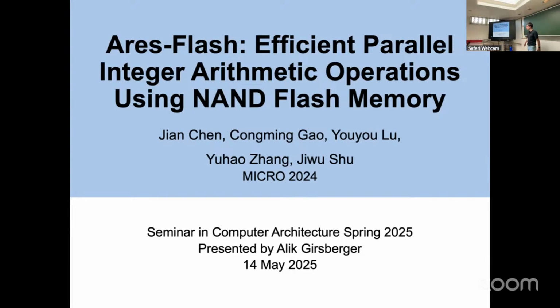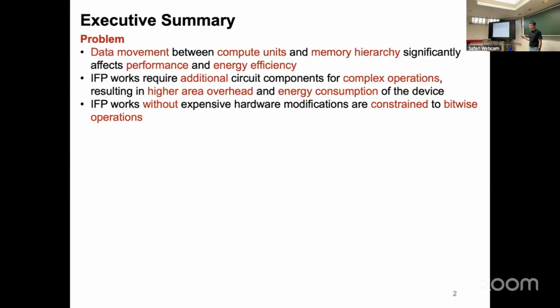I'm going to present Aries Flash: efficient parallel integer arithmetic operation using NAND flash memory. First, an executive summary. The problem we are facing is that data movement between compute units and the memory hierarchy significantly affects the performance and energy efficiency of computations.